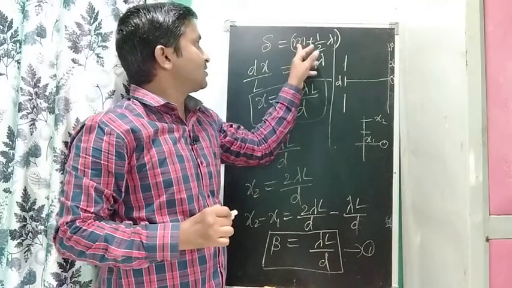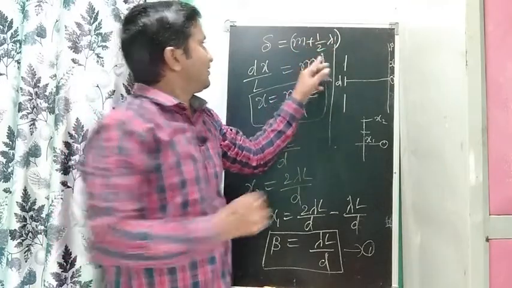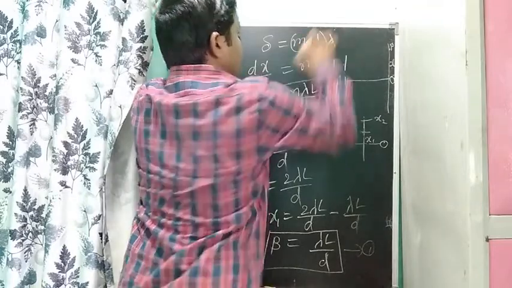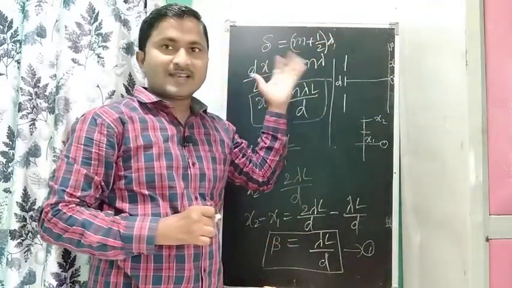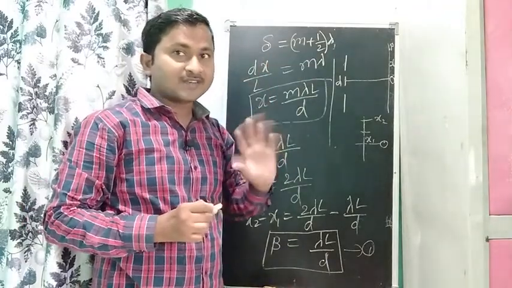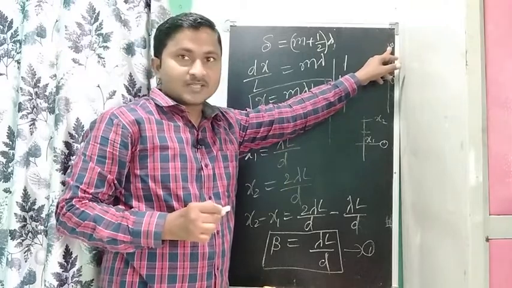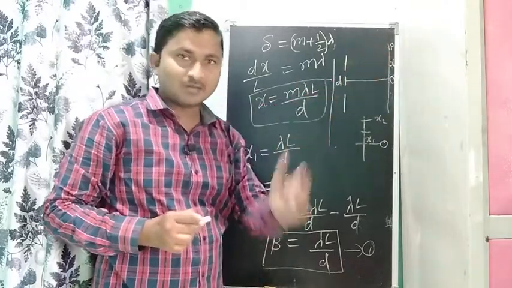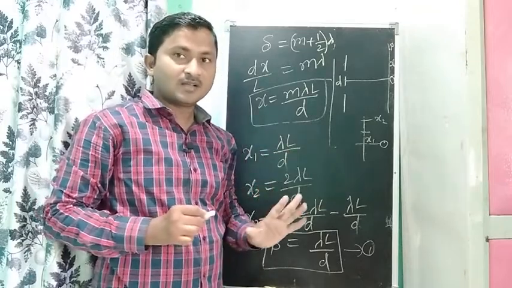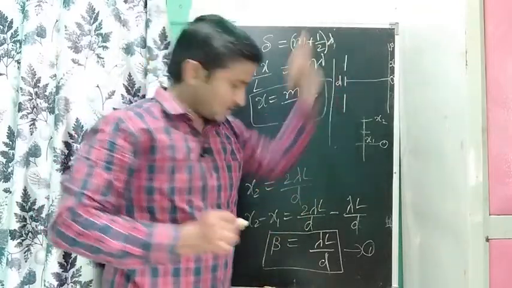If you substitute m equal to 0, the path difference becomes lambda by 2. If you substitute m equal to 1, 3 lambda by 2, then 5 lambda by 2. Whenever the path difference between the two light waves reaching a point on the screen is lambda by 2, 3 lambda by 2, 5 lambda by 2, 7 lambda by 2 and so on, a dark fringe is formed at that point.